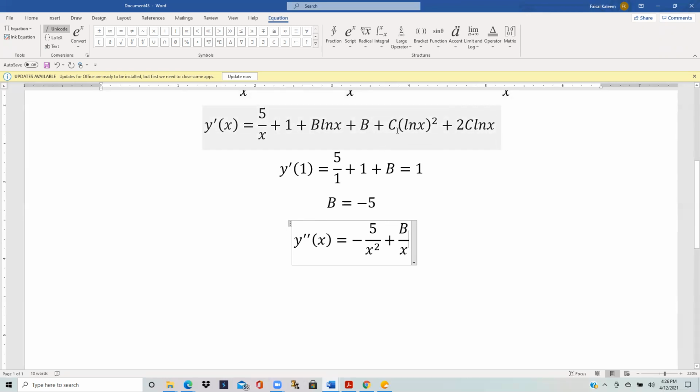And then here I will use the power rule, plus 2c ln x times 1 over x.